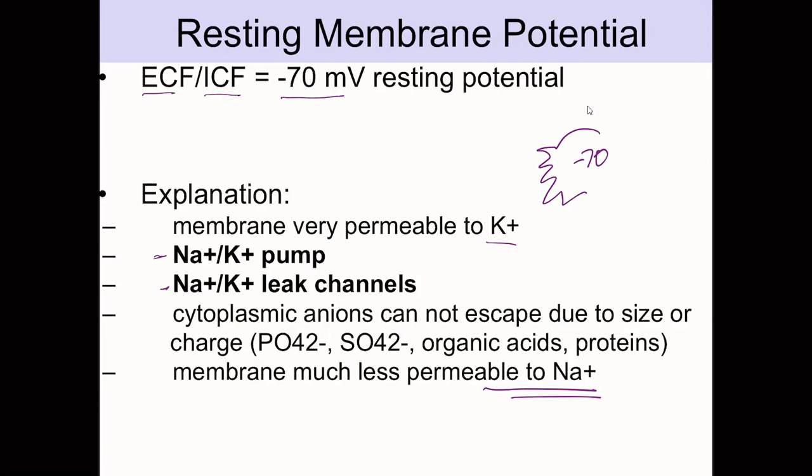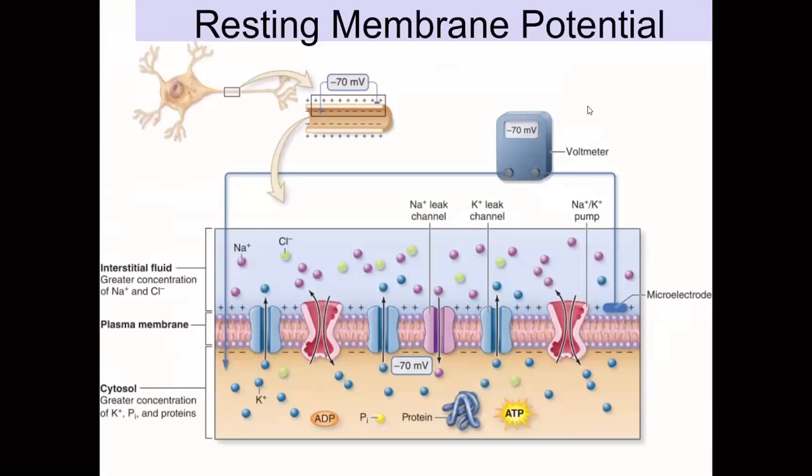That's resting. Here is a picture of what I was trying to draw for you. Here is what's inside the cell, and here's what's outside the cell. If you could measure the charge, you would find that the inside is more negative than the outside, and that's all you need to know.